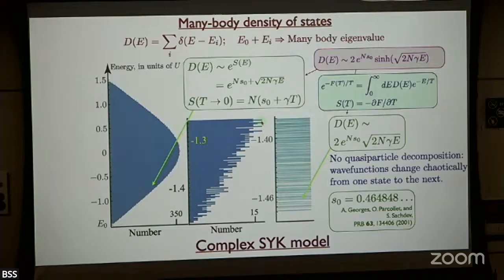Just to understand what you mean when you say the wave functions are changing chaotically, you're saying they're changing randomly but continuously in some sense? No, so let's take a Fermi liquid, even an interacting Fermi liquid, with randomness or without randomness. You know the ground state, it's a complicated wave function, and you want to know something about the excited state. What is the statement that is quasi-particle?